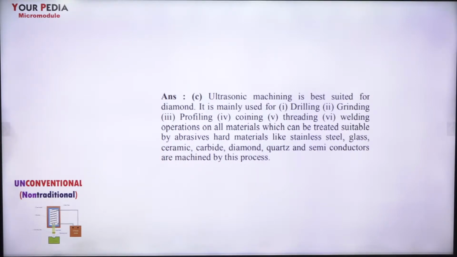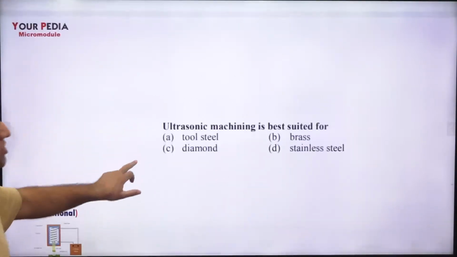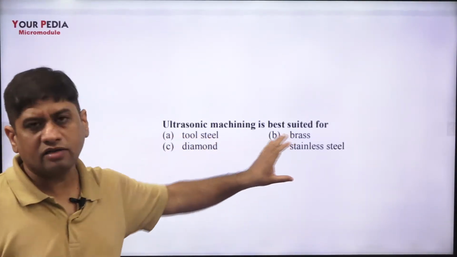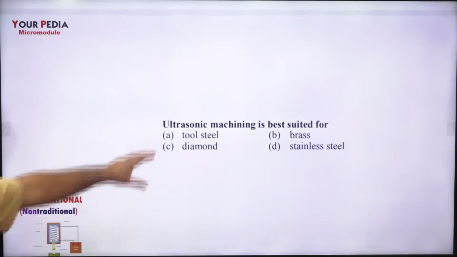Glass, ceramic, diamond, quartz, semiconductor, they all are in the same category. So in ultrasonic machining, if you see the choices of material given, all others are soft materials. Diamond is the hard material.